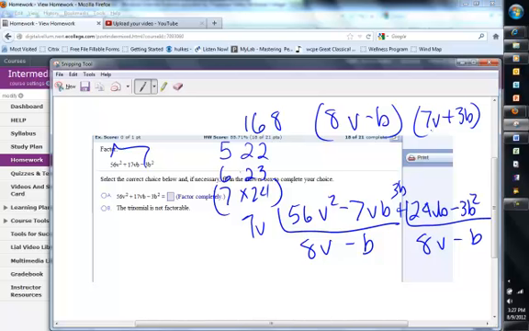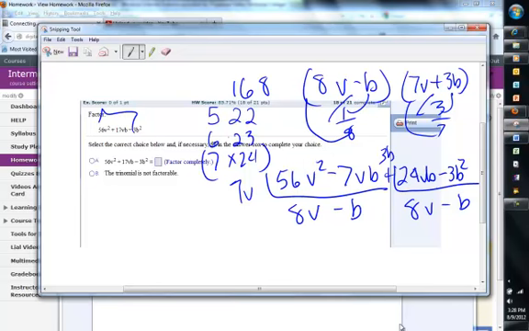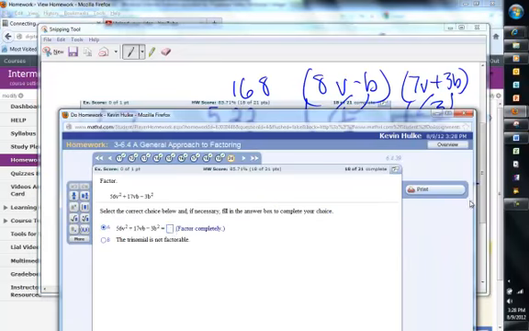And I get x1 is 1/8, which is right, and x2 is negative 3/7. This goes here, and change the sign to negative. This goes here, and change the sign to positive. Oh, that's always nice when that works out, isn't it? Okay, so we have parentheses 8v minus b and 7v plus 3b.